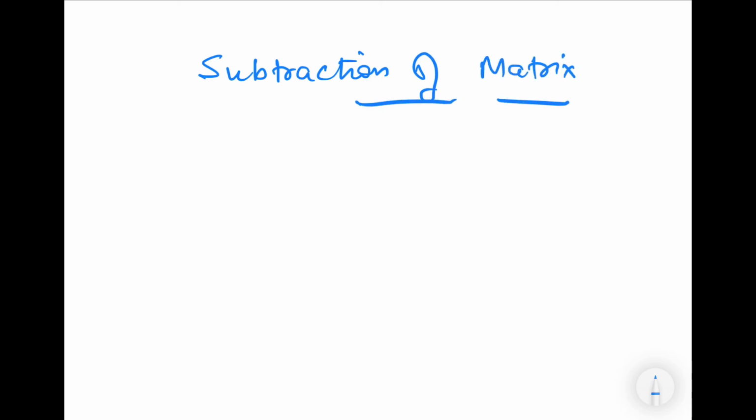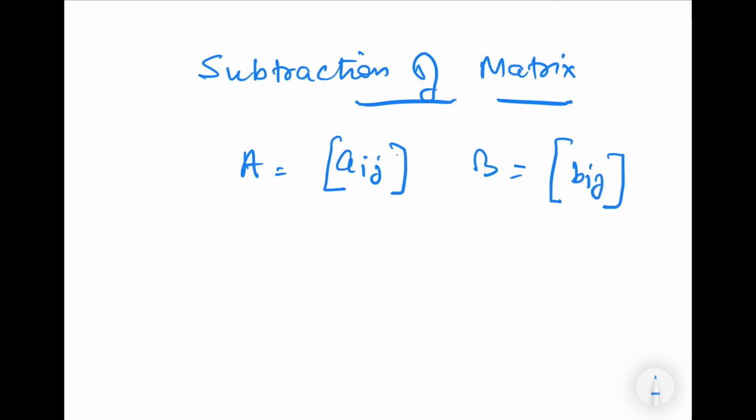Now, we come on to the other operation, that is subtraction of matrix. If A is equal to Aij in general form and B is equal to Bij in general form, and this is order m by n, this is order m by n.